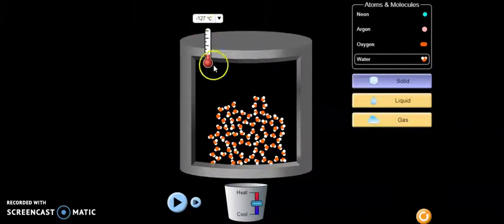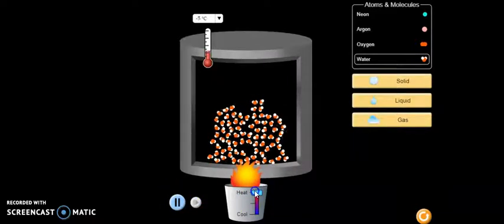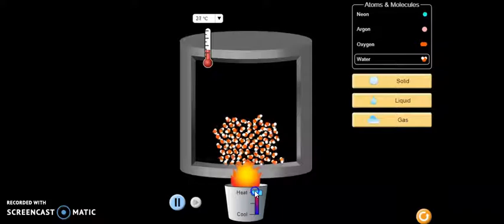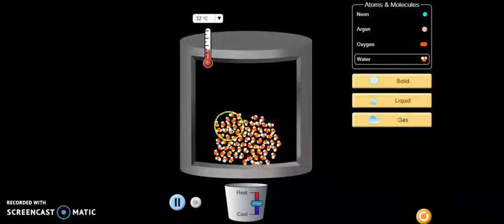The temperature of this ice is negative 127 degrees Celsius. So if we add thermal energy, for this solid state, you can see the particles start moving faster.